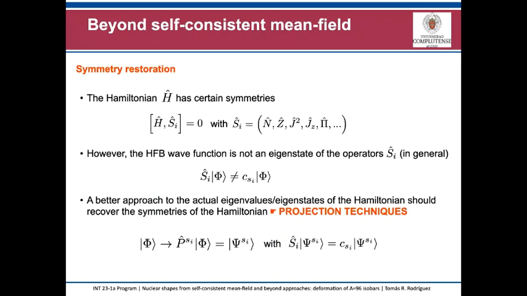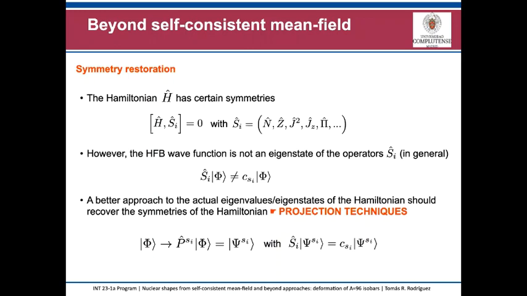These projection techniques enrich the wave function in such a way that they are eigenstates of these operators, and they are no longer mean-field wave functions, in the sense that they are no longer a product of individual quasi-particles applied to a vacuum. So this is the way we restore the symmetry.